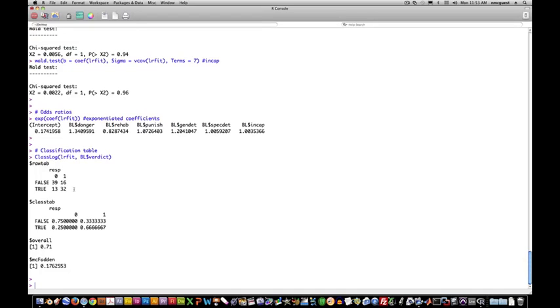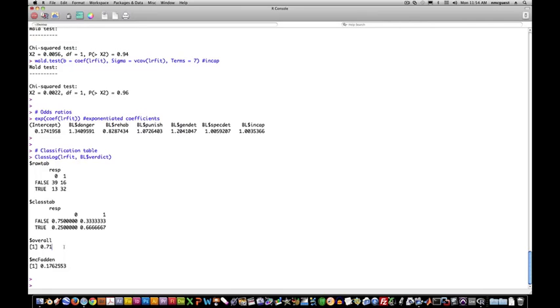And what it gives you are these sort of contingency tables or class tabs. And here are the raw numbers, here are the percentages, and here is the overall percentage. So we're classifying 71% of the cases correctly. Again, that's better than chance. Chance would be 50%. So 71% is not great, but we're doing all right.